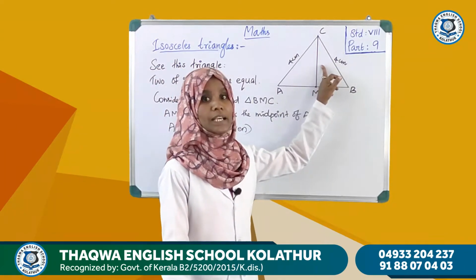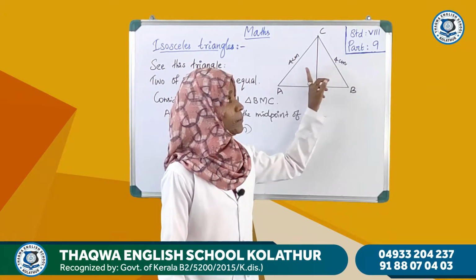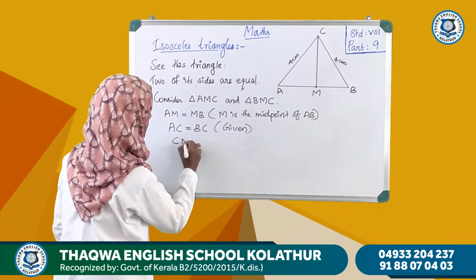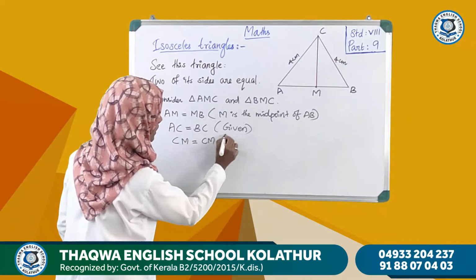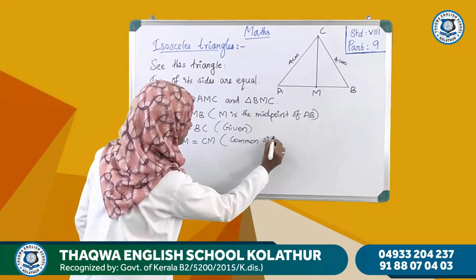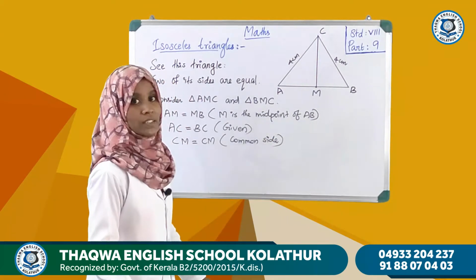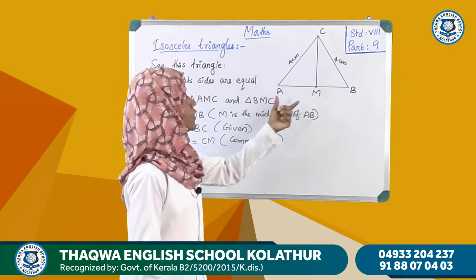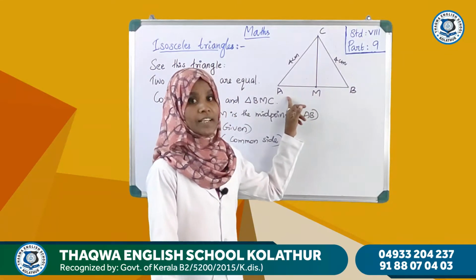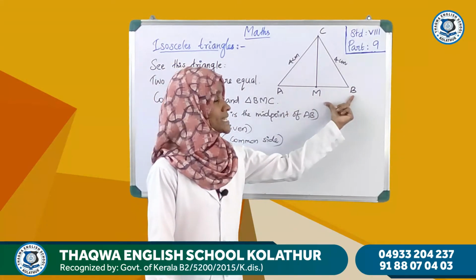Next, CM is common in both the triangles. CM equals CM, common side. Now what we got? M is the midpoint of AB, that is AM equals BM.